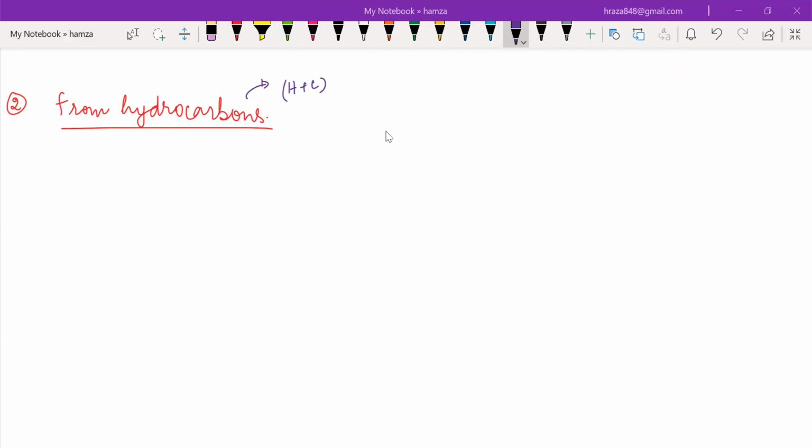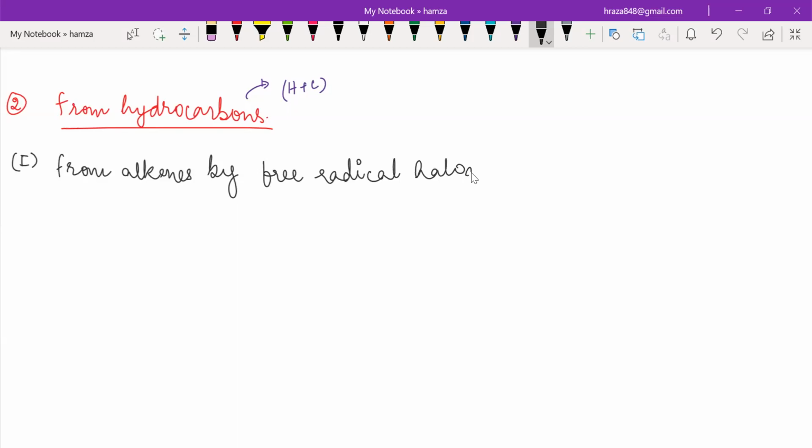So you can see, from alkanes by free radical halogenation.